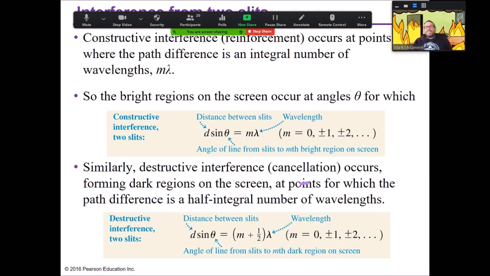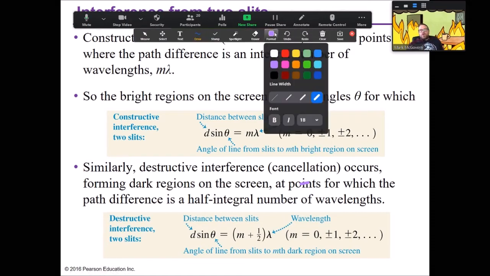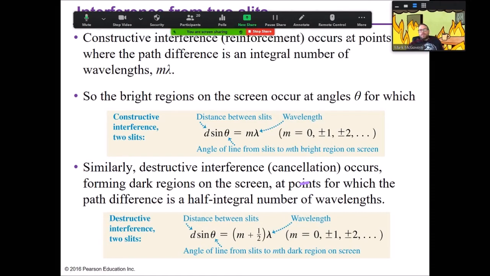To make destructive interference, the path lengths need to be a half integer multiple, right? And so the way we're going to illustrate that is simply by adding a one half to our order here.